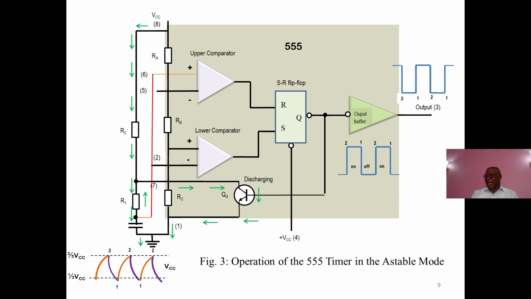What helps to do that is the difference between R1 and R2, which divides the voltage.